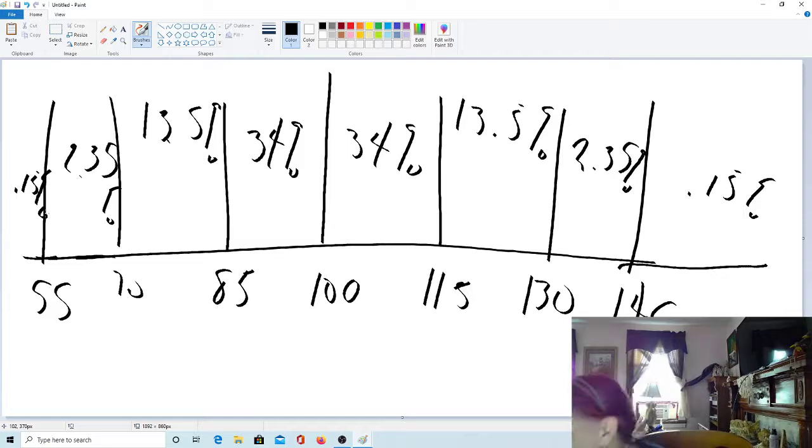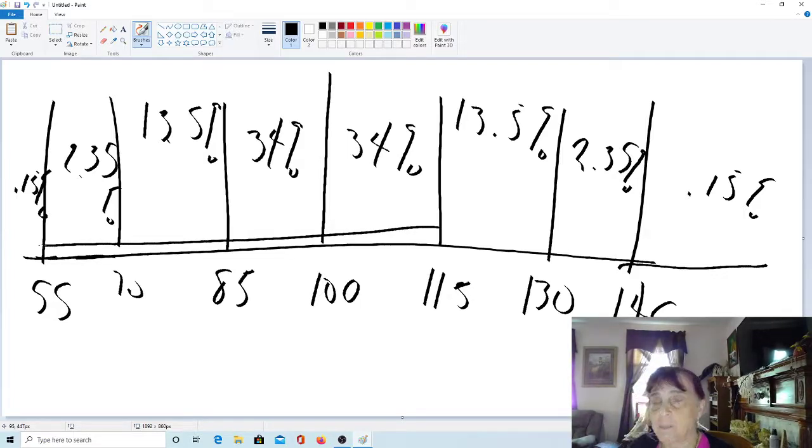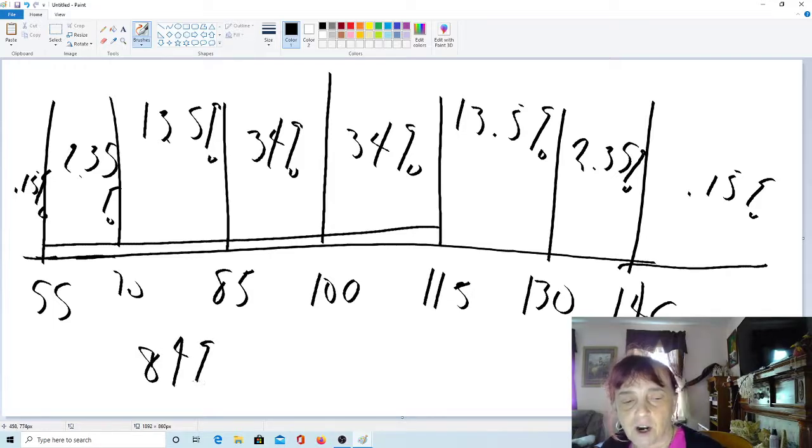Now, what percent of the scores are below 115? That'll be all these percentages added up, which is what? 34 plus 34 plus 13.5 plus 2.35 plus 0.15, which gives you 84%. 84% of the data are below 115.